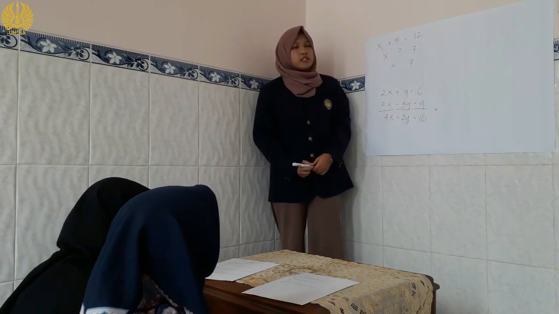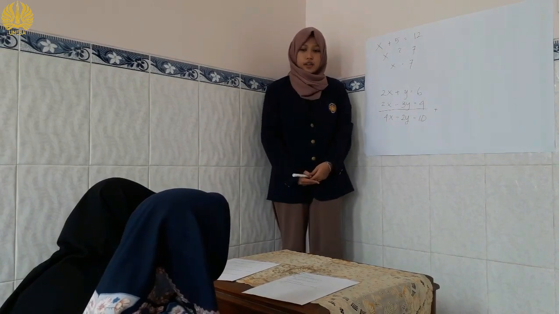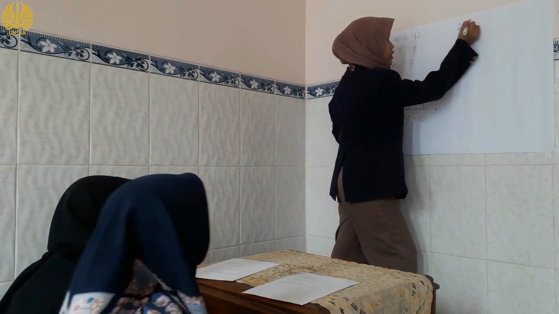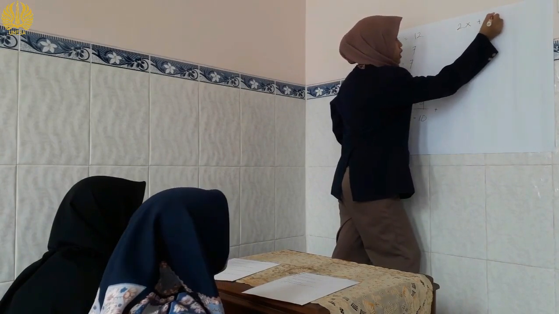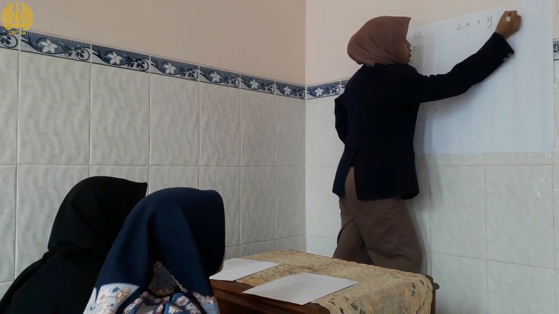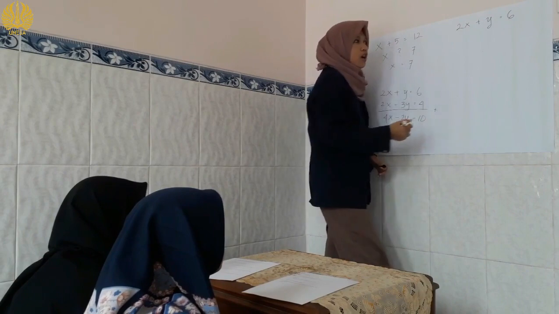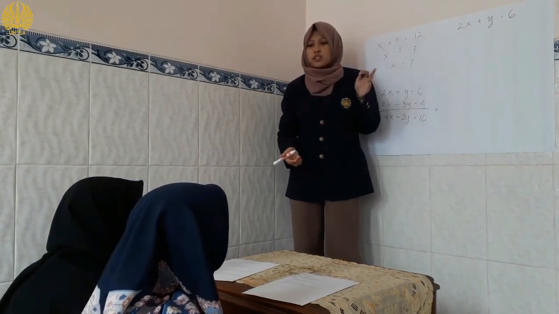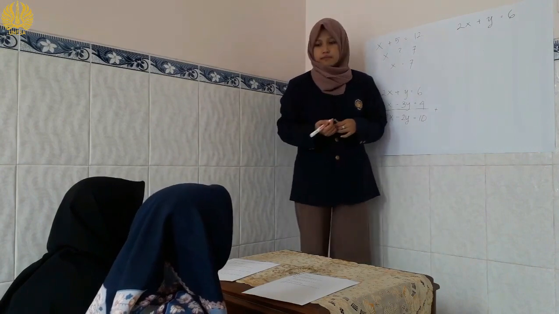Okay, now do you remember the straight line equation that you learned in the previous meeting? Yes. Okay, now if I have 2x plus y is equal to 6, how can we draw this equation in the Cartesian diagram?